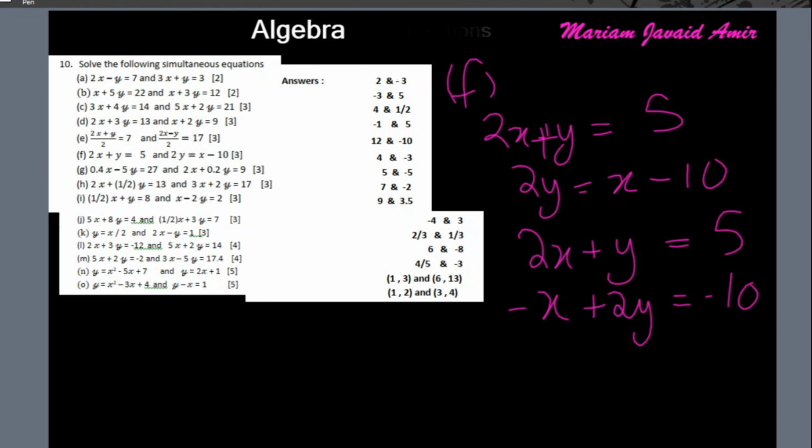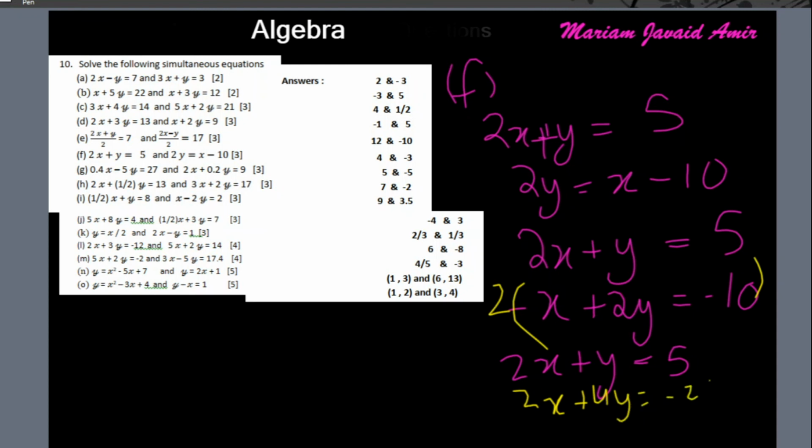So I've just moved the position of x. Now I will have to multiply the second equation by 2 so that my x gets eliminated. So the first equation stays unchanged, 2x plus y equals 5. The next equation becomes minus 2x plus 4y equals minus 20.